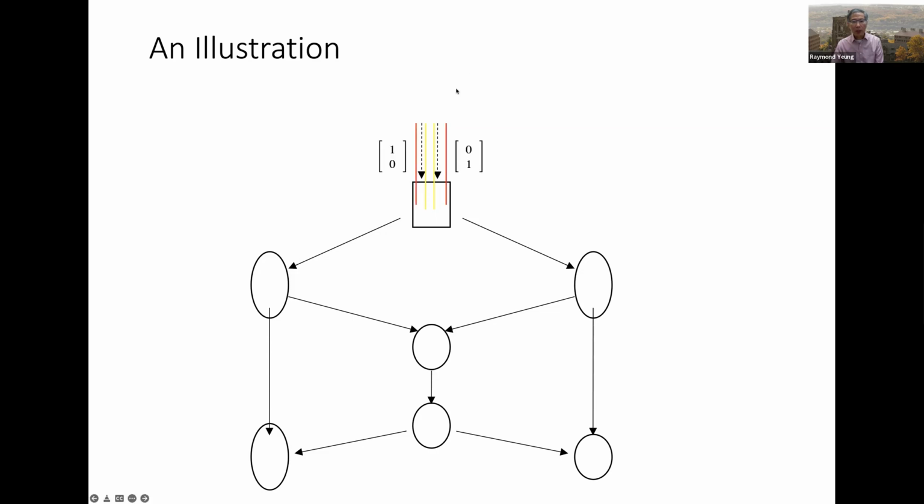Now this is called this red edge and this red edge. Now this red edge is in fact equal to this imaginary channel, and this red edge is equal to this imaginary channel. This is called the flow front. The flow is initially here, but eventually the flow will go down along the paths that I've shown you.